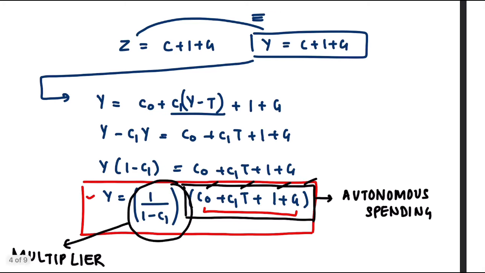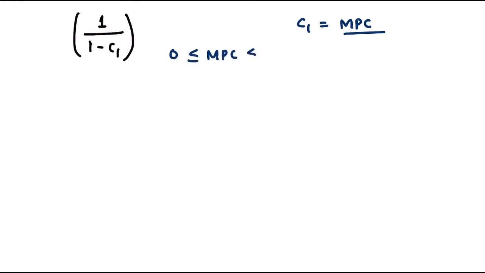Now let's look into this in a little more detail. So the multiplier is 1 upon 1 minus C1. And what is C1? We know that C1 is the MPC. And another fact about MPC is that it can be any value between 0 and 1. 0 and 1 are extreme cases where you are either consuming all of your disposable income or you're consuming none of it.